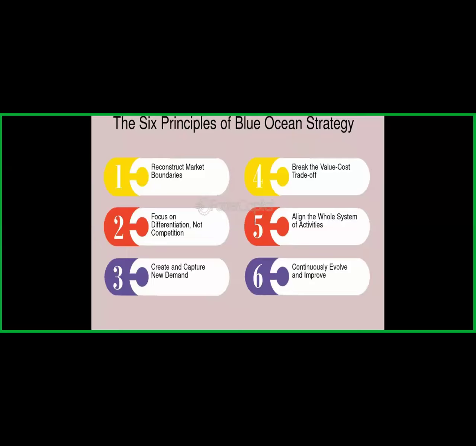So continue with that idea, but always try to evolve with it and think about how you can improve your particular product. That should always be thought about by the company. So these were the six important principles of blue ocean strategy.